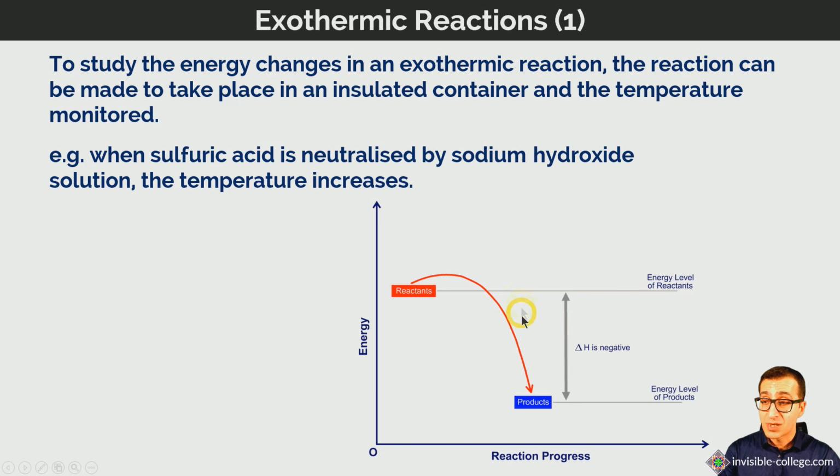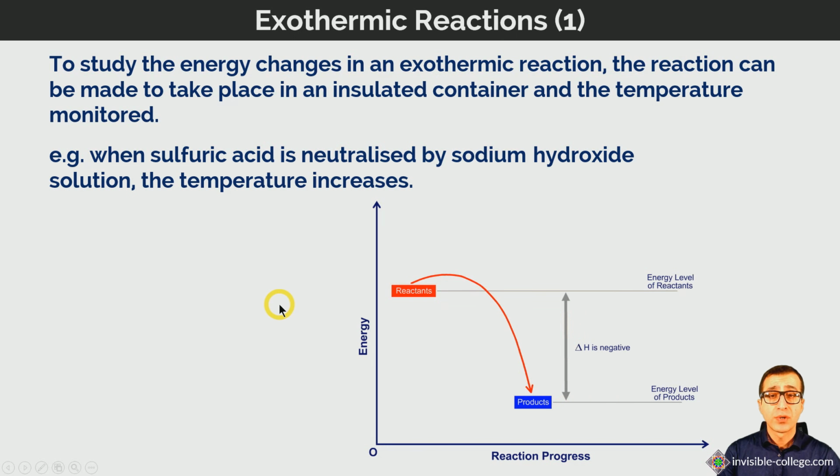In going from the reactants to the products, we're going from higher energy to lower energy. And so we say that the enthalpy change, or the chemical potential energy change, delta H, is negative. We're going from a higher value to a lower value. So this is how we would illustrate an exothermic reaction.